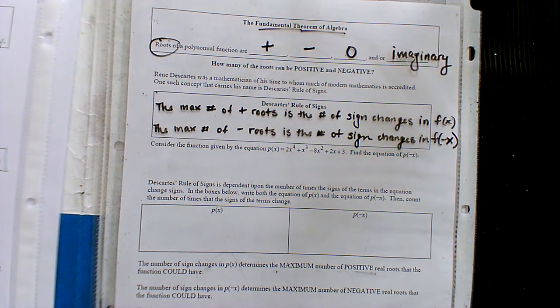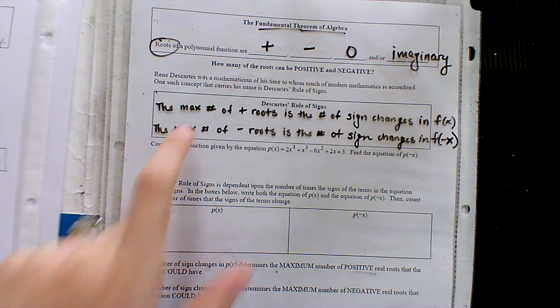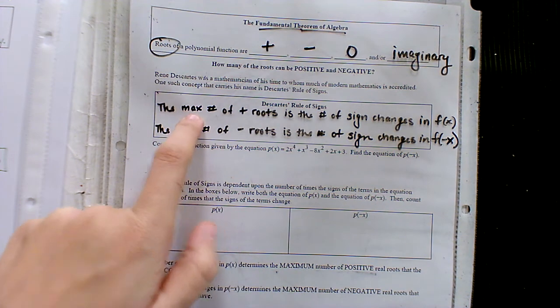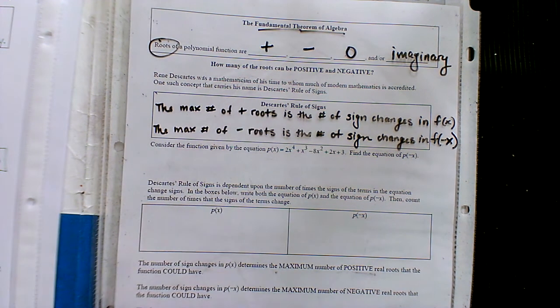Okay. So we're basically going to look at the equation itself. We're going to look for sign changes, like positive to negative, negative to positive, and however many of those we can identify, that's the maximum number of x-intercepts, either positive ones or negative ones, that the graph would have. Okay, the max number.